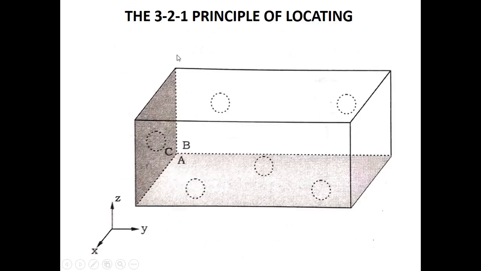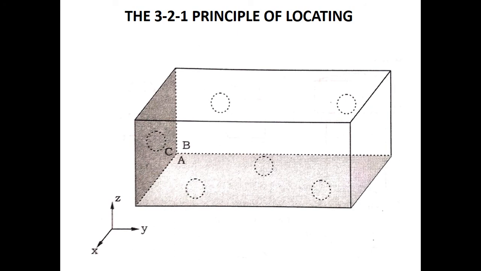Now we are going to discuss one of the very important principles of location. It's called the 3-2-1 principle of locating. This has continuously been asked as a university question in many different examinations. As I told you, the 3-2-1 principle is a widely used method of restricting the 12 degrees of freedom. Why is it called the 3-2-1 principle?